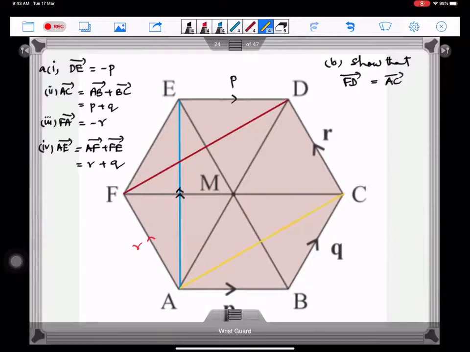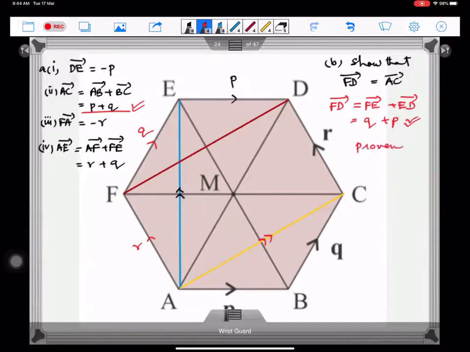We have already found out AC is P plus Q. Now we know that FE is Q. So FD is FE plus ED, that is Q plus P. This is P plus Q. And of course, Q plus P and P plus Q is the same. Therefore, we have proven that vector FD and vector AC are exactly the same.